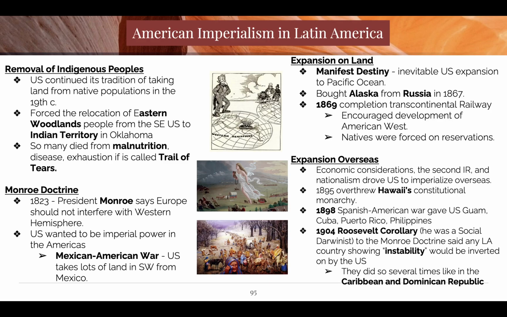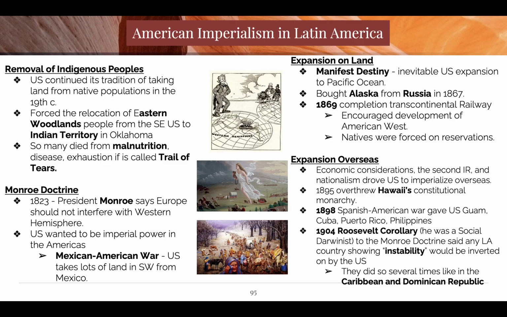Here we go. Monroe Doctrine. You cannot talk about American imperialism without talking about the Monroe Doctrine. You just can't do it. The Monroe Doctrine says what? The Europeans can't exploit the Western Hemisphere. Yeah.